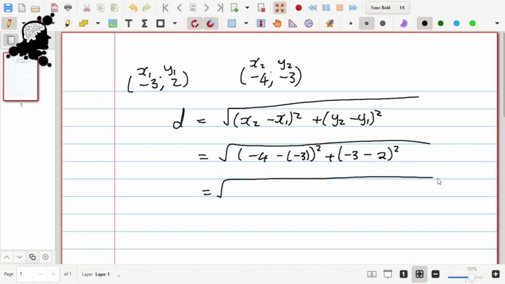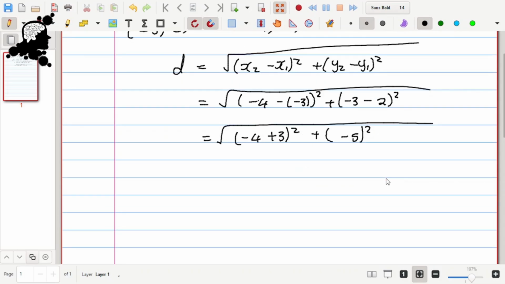And so this is going to give me the square root of -4 plus 3 all squared plus -3 minus 2, which is -5, squared. Now, if we simplify this, we are going to get -4 plus 3 is -1 squared plus -5 squared.